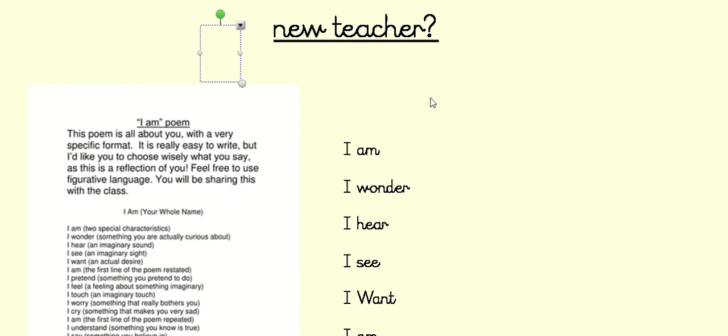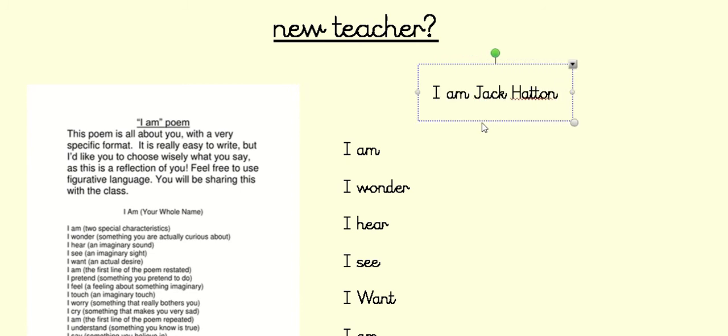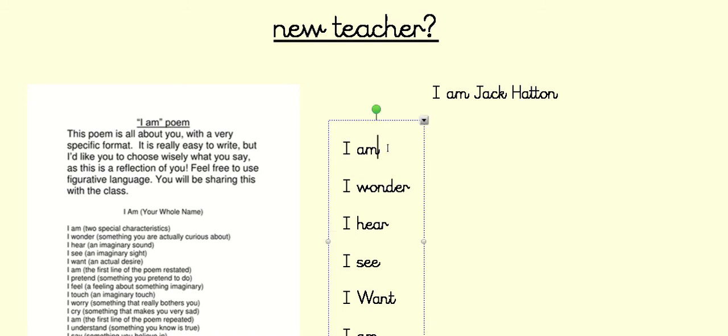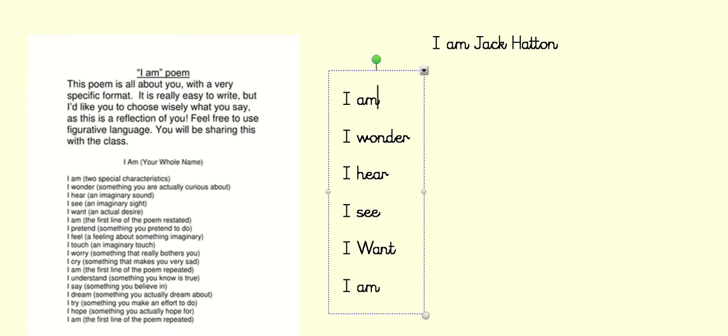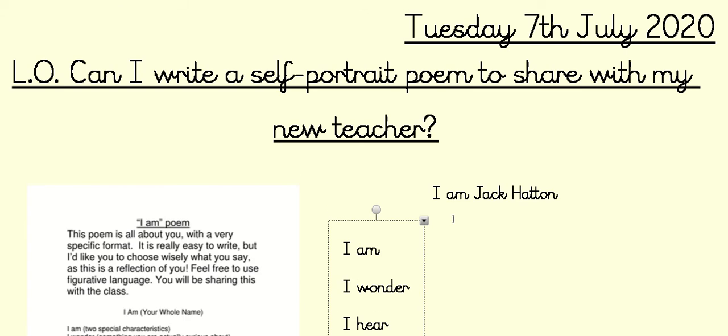So maybe at the top, the name of my poem is going to be I am Jack Hatton. And now I'm going to fill out my sections as I go. So I've put all the stems at the start, and I'm going to finish them off. I finish each sentence off. So here we go. So my first line, I'm going to say, I am friendly and approachable.